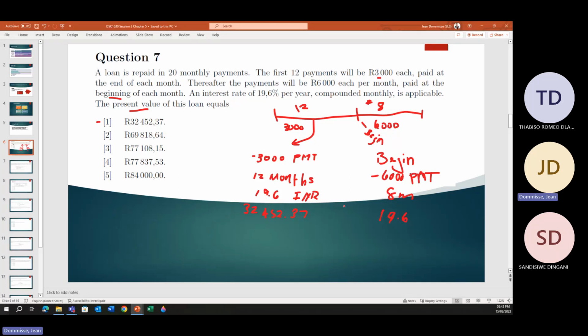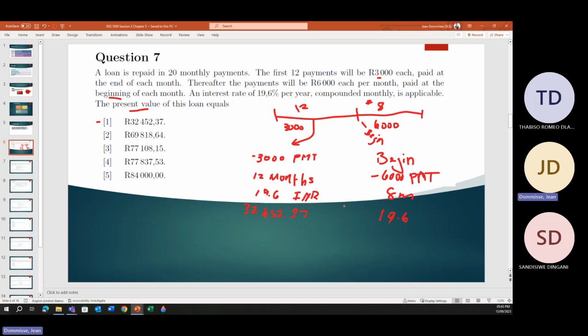Then the 8 months. So let me quickly do that. And the 19.6.